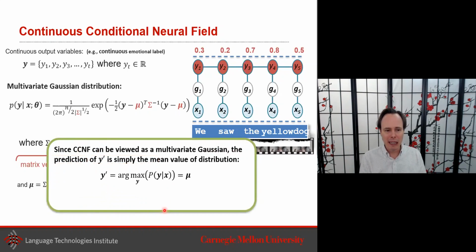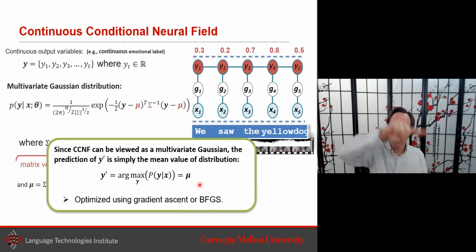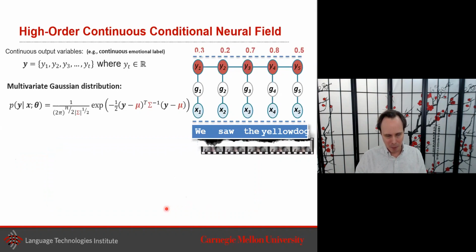Since the CRF can be seen as a multivariate Gaussian, what's the optimal of a Gaussian distribution? The prediction is simply the mean of it.